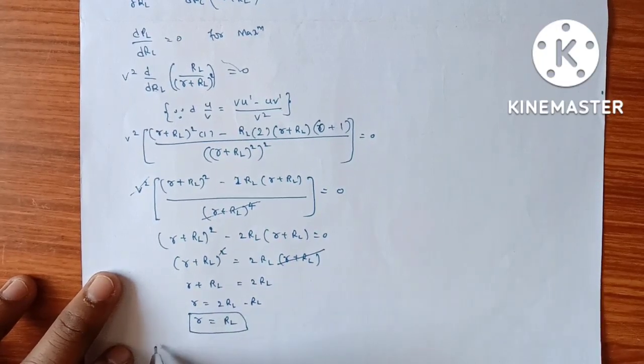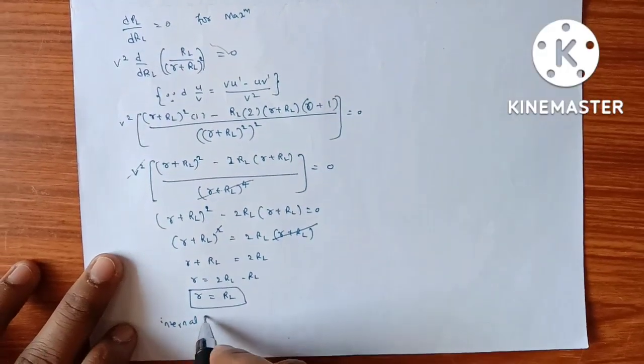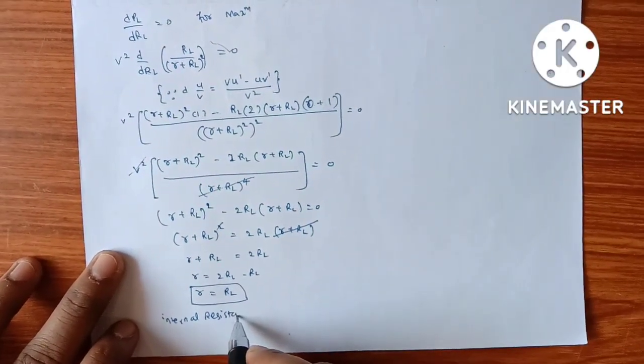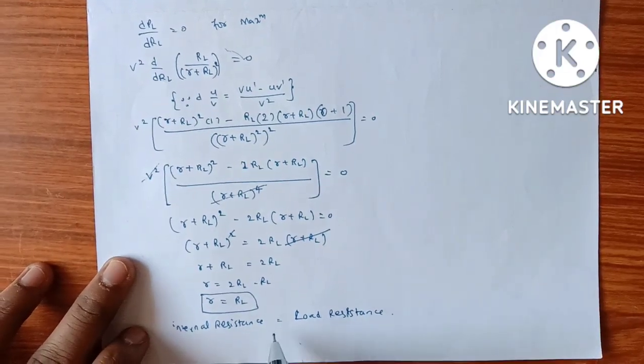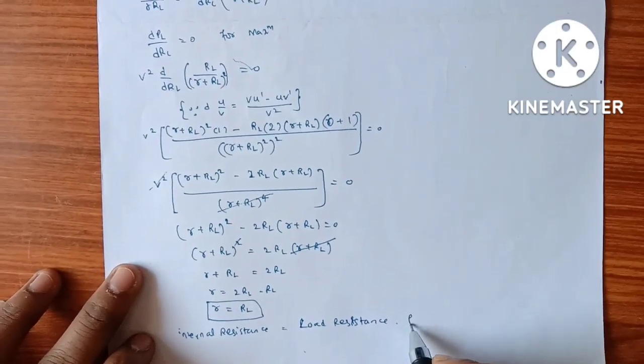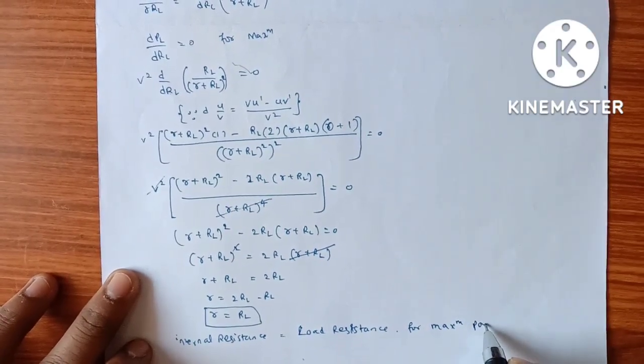Therefore we got internal resistance is equal to load resistance. This condition is applied for maximum power transfer in the circuit.